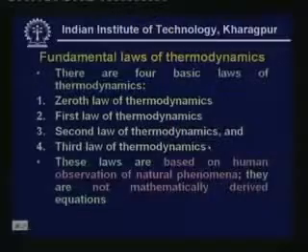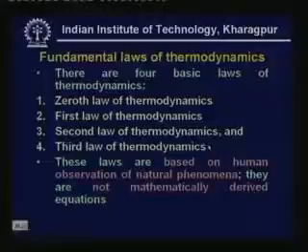Now let us discuss the fundamental laws of thermodynamics. There are basically 4 laws of thermodynamics: the 0th law, first law, second law, and third law of thermodynamics. These are the most important laws of thermodynamics, and they are not mathematically derived equations or anything. They are based on our observations of natural phenomena.